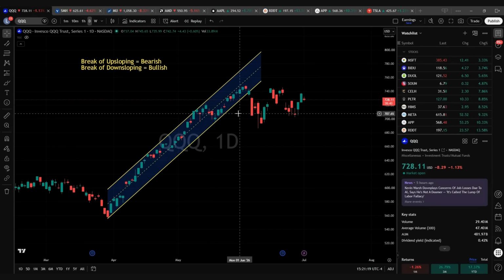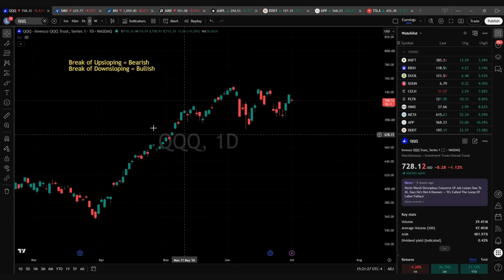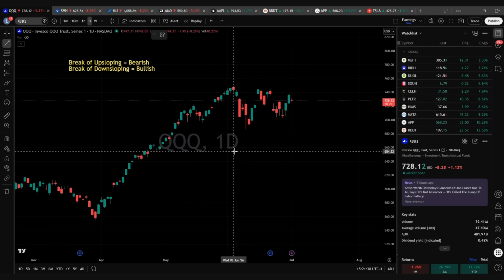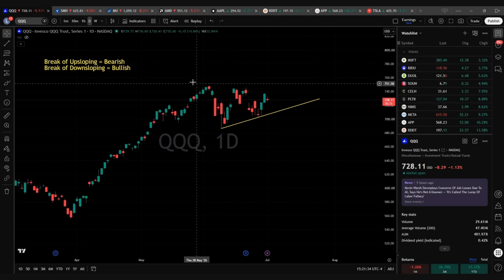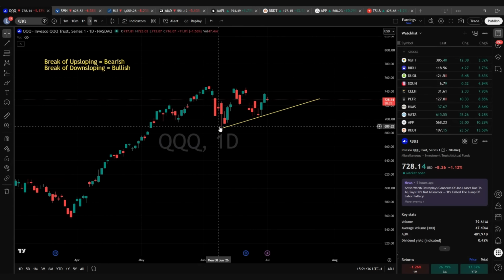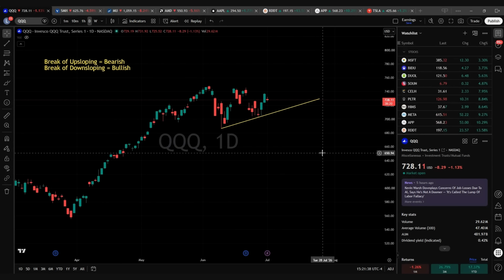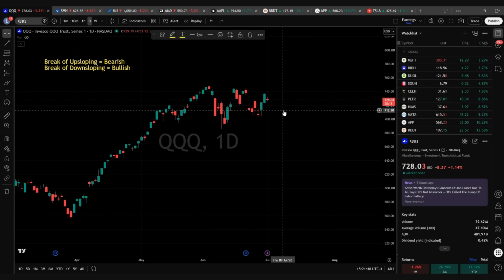So every single square is a rectangle, but not every single rectangle is a square. In the same way, every single parallel channel has a trend line, but not every single trend line is a part of a parallel channel, if that makes sense.